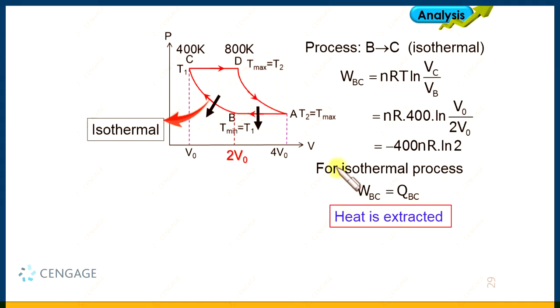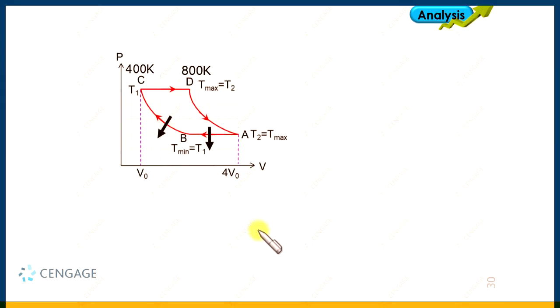Now, let us move to the next process, from C to D. C to D is the isobaric process, because pressure is constant over this process, and we know the final temperature is greater than the initial temperature.